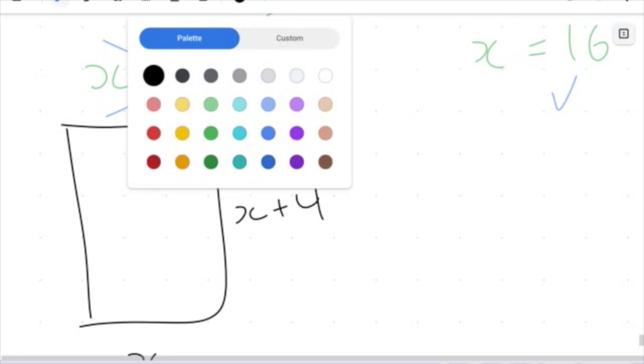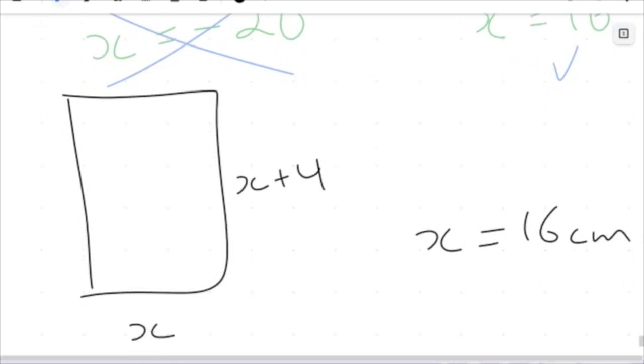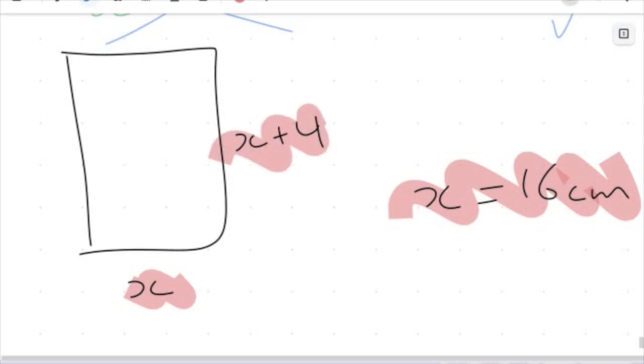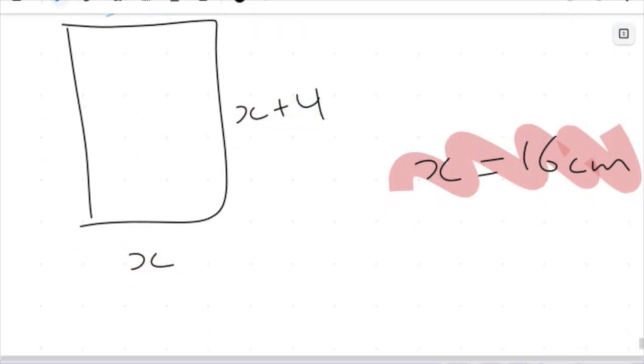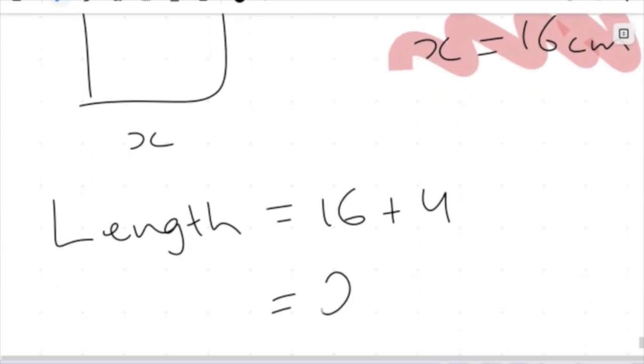So let me write that down here. X equals 16 centimeters. So therefore, I'm going to substitute my value of x into my width and my length. So that means my length is x plus 4, so equals 16 plus 4, which equals 20 centimeters.